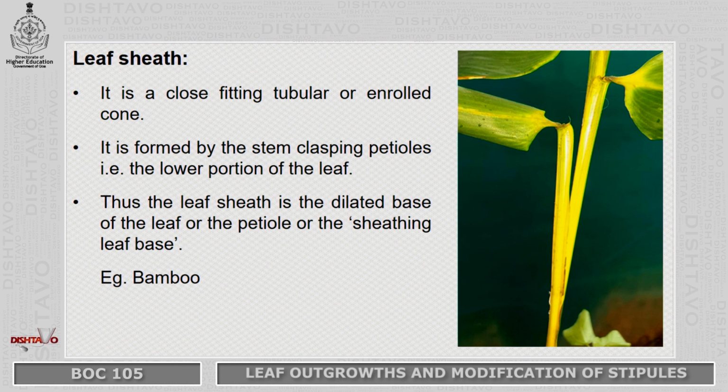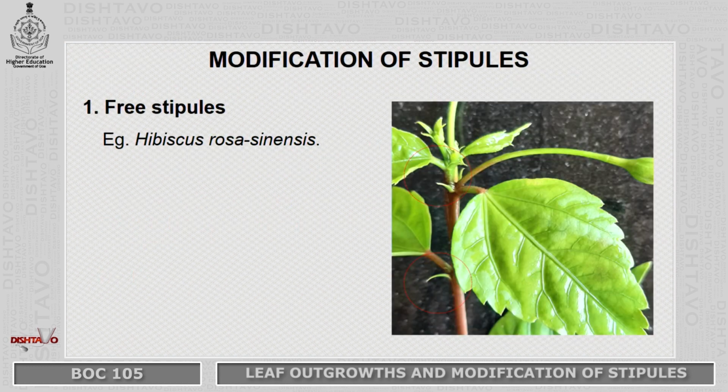It is a close fitting tubular or enrolled cone. It is formed by the stem clasping petioles, that is the lower portion of the leaf. Thus, the leaf sheath is the dilated base of the leaf or the petiole or the sheathing leaf base, commonly seen in bamboos. Then, let us go forward with the modification of the stipules.